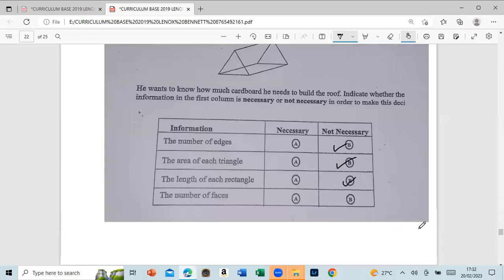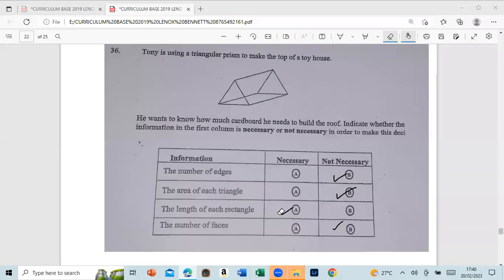And the number of faces, that's only necessary. This one is necessary too, the length of the rectangle. I need to know. Alright.